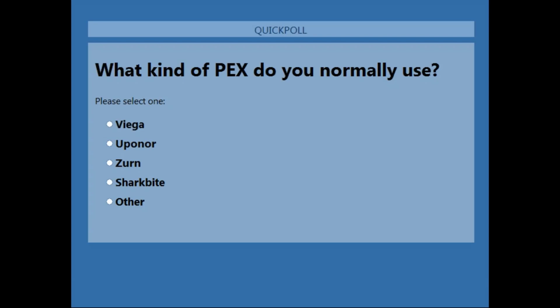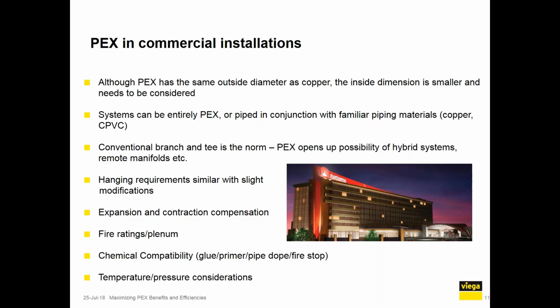Great. So moving on, we're going to discuss some design considerations when choosing PEX, because often there can be some trepidation moving from, say, a metallic system to a plastic system, and there are things to consider. As PEX grows in the market, we are seeing it more and more installed in commercial applications and not just residential.